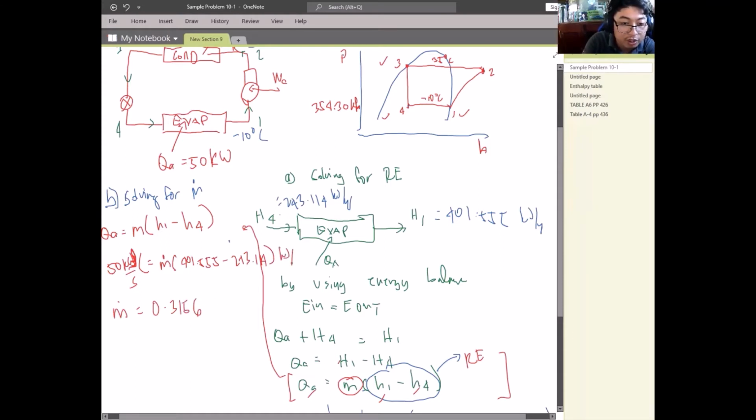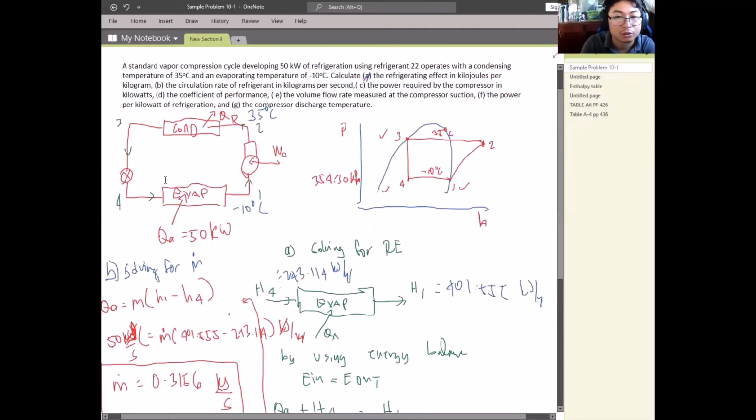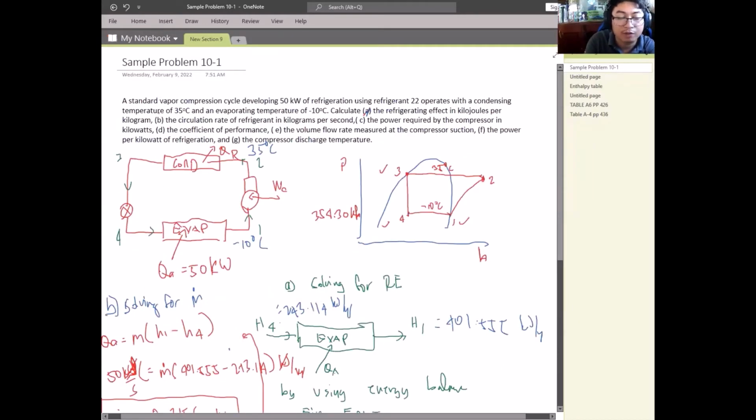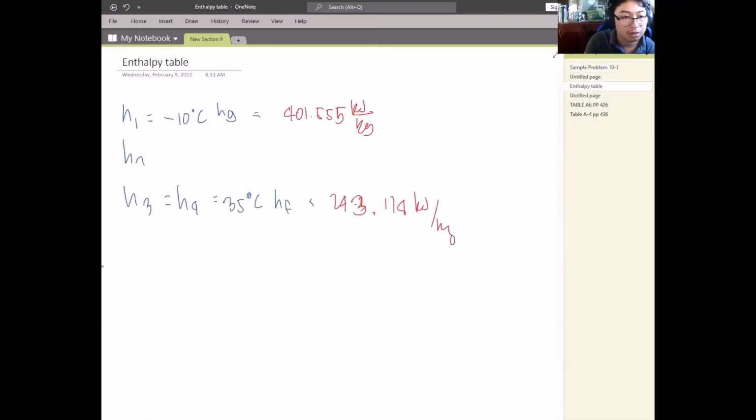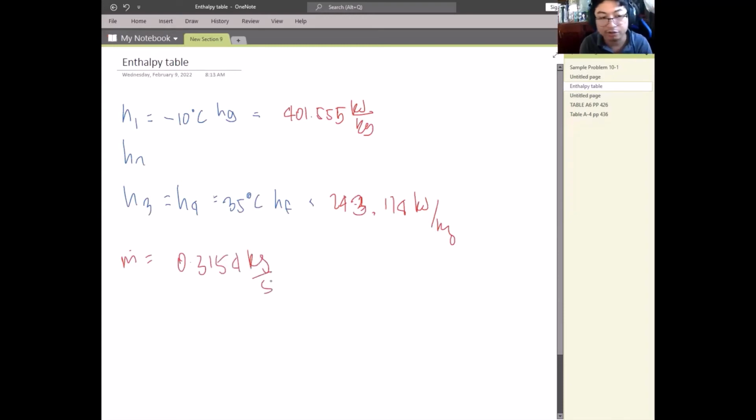So cancel the unit of kilojoules. So kilogram per second is our unit. Okay. So this is our answer for letter B. So we can now cancel out the letter B. We have now the mass flow rate. So I think we can add this in our enthalpy table, the data of our mass flow rate, 0.3154 kilogram per second. I think we can use that in our other problem.